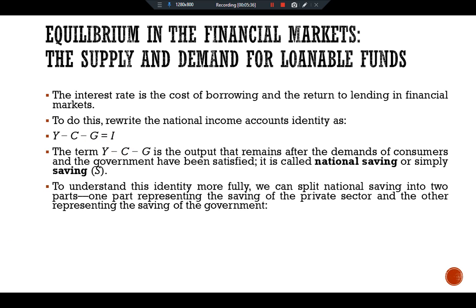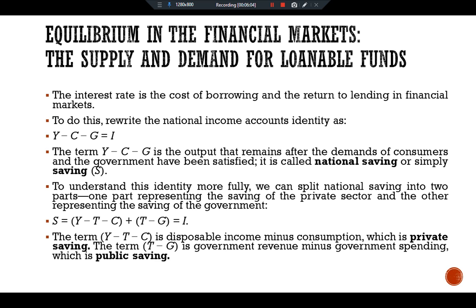To understand this identity more fully, we can split national saving into two parts, one representing the saving of the private sector and the other representing the saving of the government sector. So we get S = (Y - T - C) + (T - G) = I.